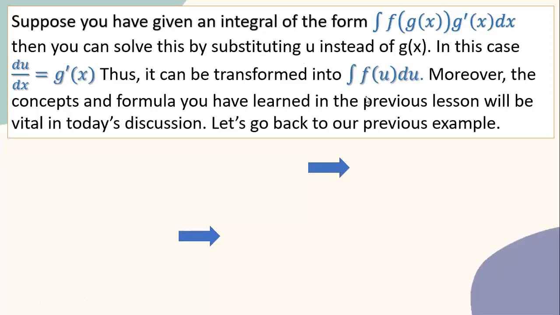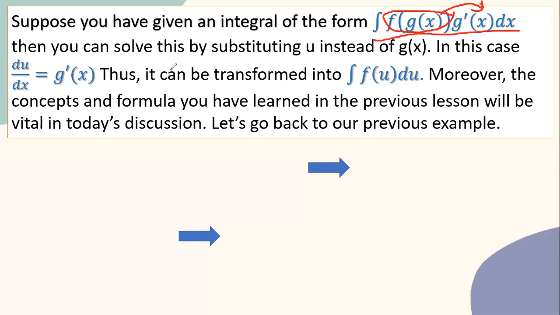Suppose we have a given integral of the form f of g of x times g prime of x dx. So, ito po yung form niya. We have the given function, tapos yung derivative nung nasa loob nung naka-enclosed kay exponent. Then you can solve this by substituting u instead of g of x.